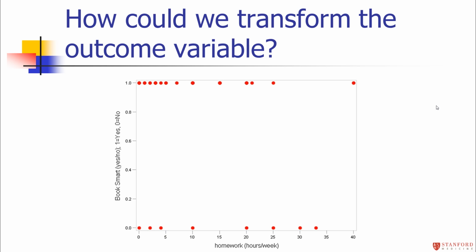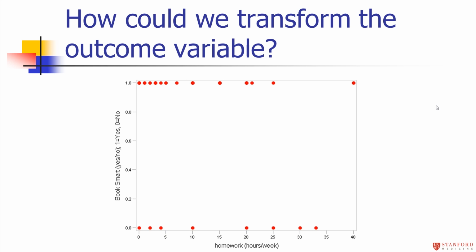I still want to fit a line ultimately, but I don't want a 0, 1 variable as my outcome, because a 0, 1 variable just doesn't fit well to a line. It has only 2 possible values. So how could I transform that binary, that 0, 1 variable, into something that better fits a line? Well, here's one thing. This is just a starting point, because we're going to go further with this, but let's just start with some simple thing that we can do.